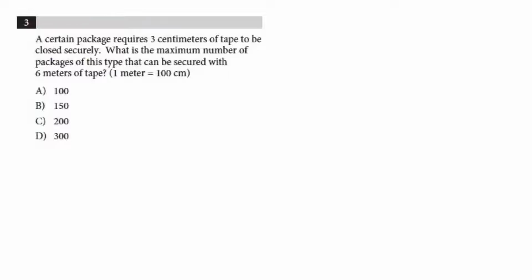3. A certain package requires 3 centimeters of tape to be closed securely. What is the maximum number of packages of this type that can be secured with 6 meters of tape? And 1 meter is 100 centimeters. Okay, so 6 meters, and we know that 1 meter equals 100 centimeters.